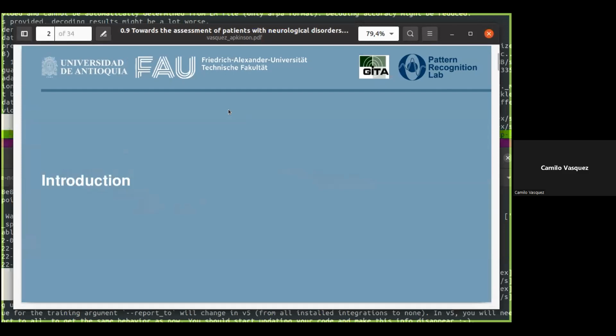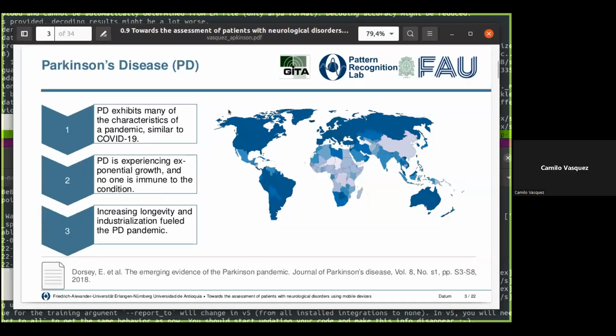Now, I'll start with a brief introduction. As you may know, Parkinson's disease is the second most prevalent neurological disorder in the world. Patients develop several and different motor impairments in the speech and in the movement of different limbs within the body.